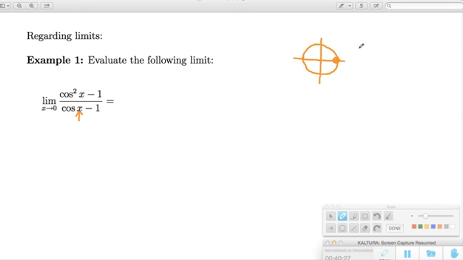And remember that the coordinates are cosine comma sine when you're on the unit circle. Well, in this situation, this is the point 1 comma 0, right? X is 1, y is 0. That means that cosine would be 1 there, which would mean you'd be doing 1 minus 1, which would give you 0 in the denominator. So because of that, you cannot just try to plug in for x. You're going to need to do some other work or simplification first. So let's go ahead and do that.